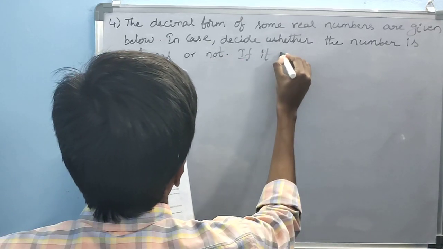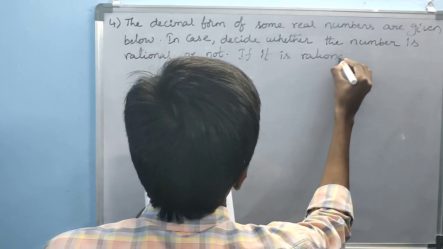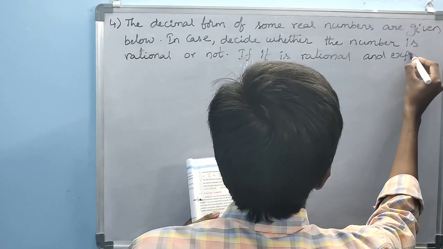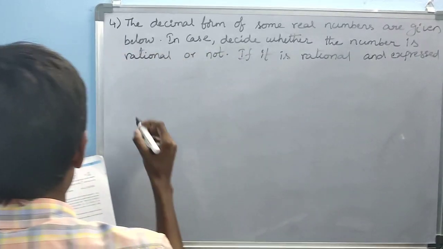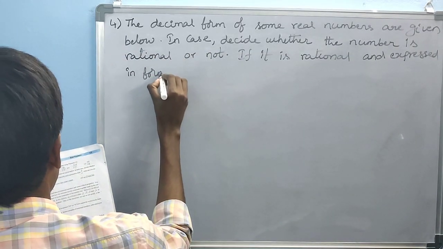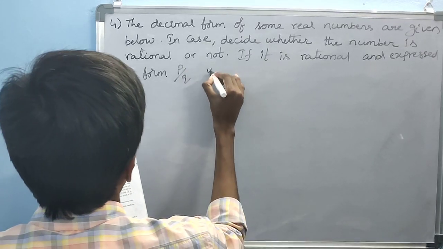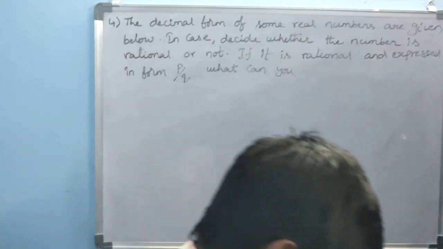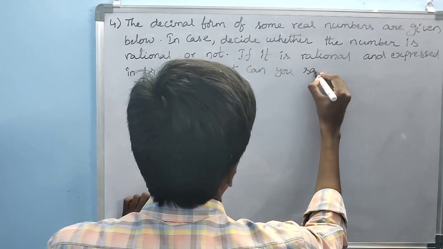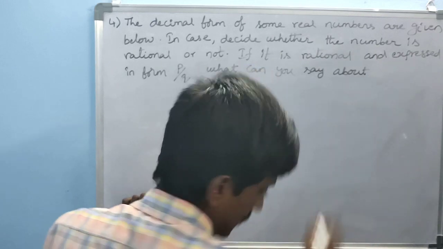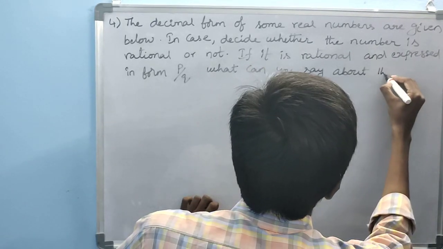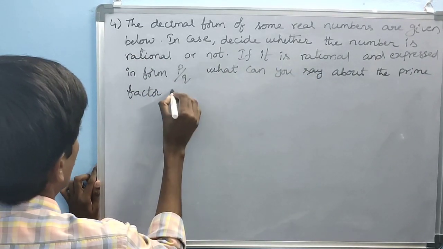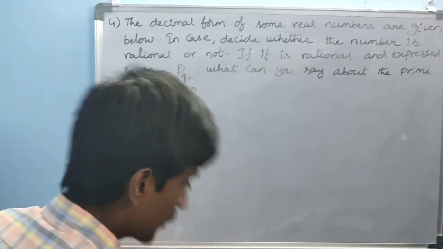If it is rational and expressed in form P by Q, what can you say about the prime factor of Q?